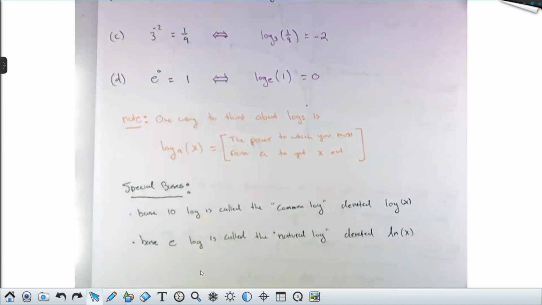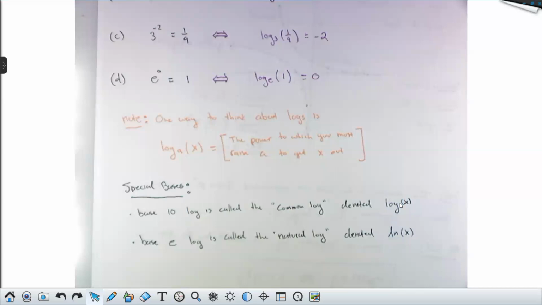So base e logarithms are written as ln, natural log. And the base 10 log is written as just log. Sometimes you'll see it written like this with the block script, and sometimes with the cursive script. It doesn't matter, either one is fine.